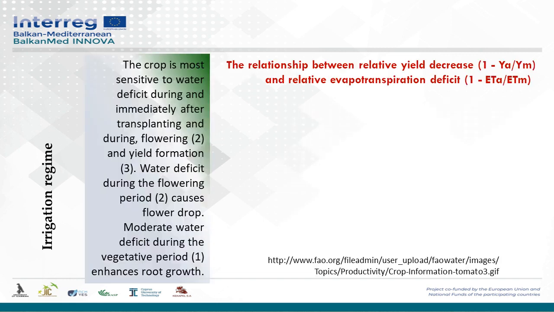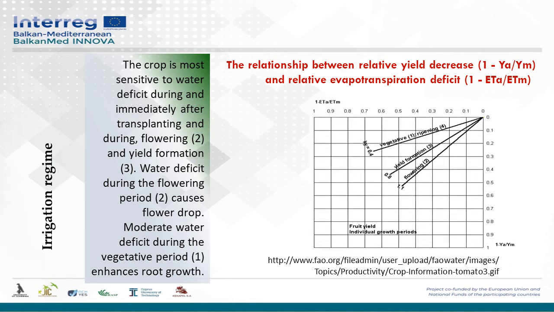But to be more specific about the tomato plant requirements for water, let's see these graphs which express the relationship between the relative yield decrease and the relative evapotranspiration deficit. So you can see there is a different response of tomato to water stress, to water deficit, at different stages of development.